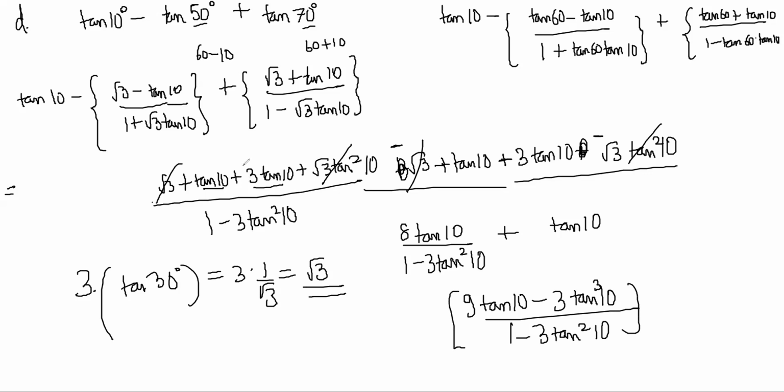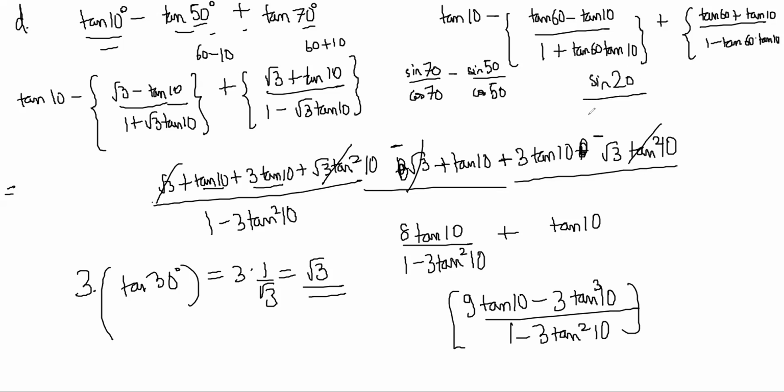Maybe another approach could also be done. I would have tried first, let the tan 10 remain and just did this and this in sine and cos. Sine 70 by cos 70 minus sine 50 by cos 50. So sine 70 cos 50 minus sine 50 cos 70 will be sine of 70 minus 50.